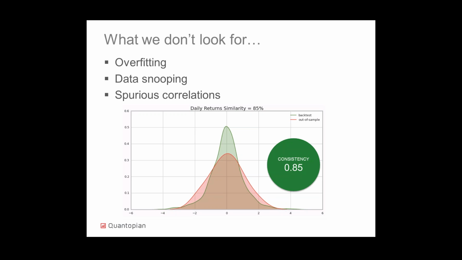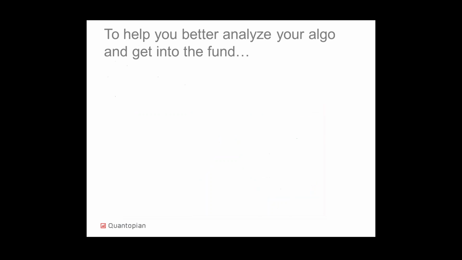And at the end of the day, both for our purposes of evaluating strategies and for algorithm authors looking to evaluate their own work and understand how much they might trust their algorithms, for example by putting their own capital to work in them, understanding how predictive your backtest is of your live trading results is really key to this whole enterprise.